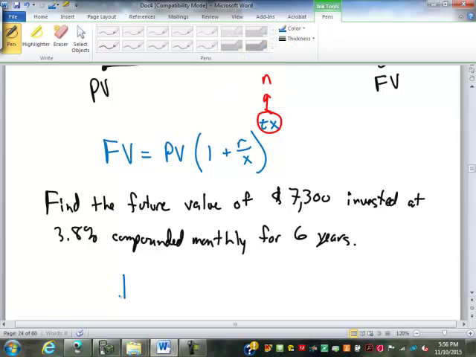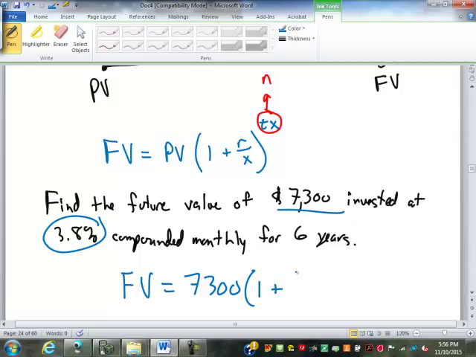So my future value equals, what's my present value? It's basically my principal, $7,300. Times 1 plus. My R is still my rate. So 3.8% as a rate is what? 0.038. Divided by X, the number of periods in a year.